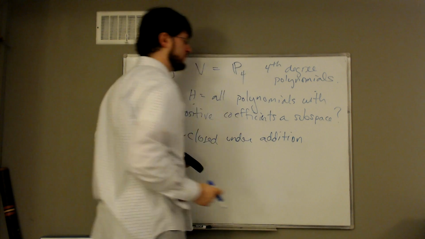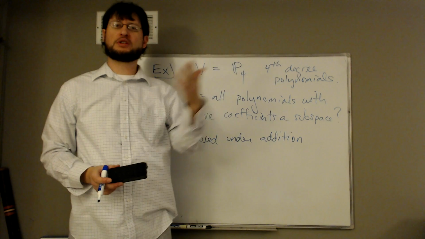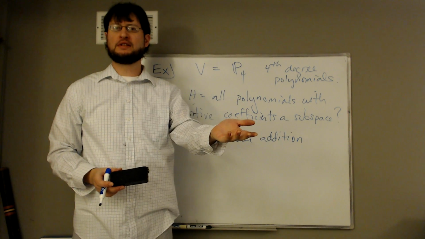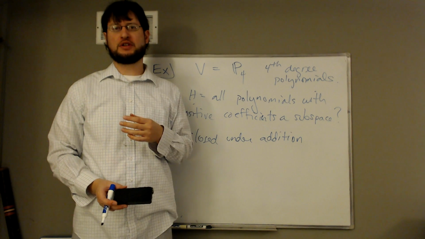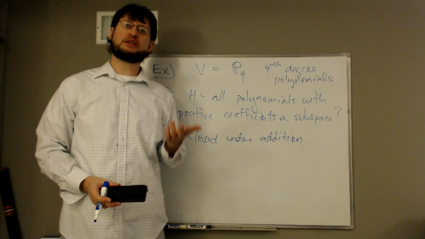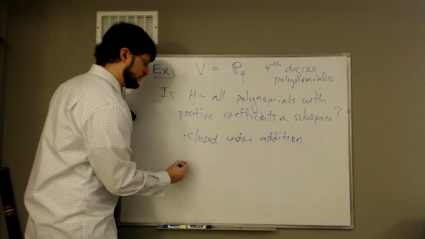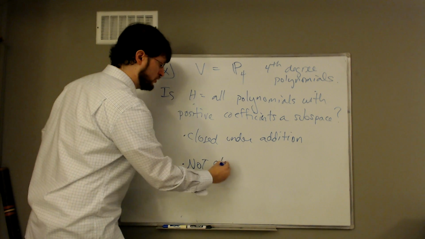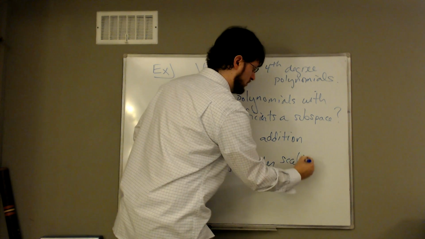And be careful, because it at first glance feels like it's closed under scaling as well. If I take a fourth degree polynomial with positive coefficients and I multiply by 6, well, then it still has positive coefficients. But be careful, because it has to be closed under scaling by any real number. Right, so it's not closed under scaling by negative numbers.